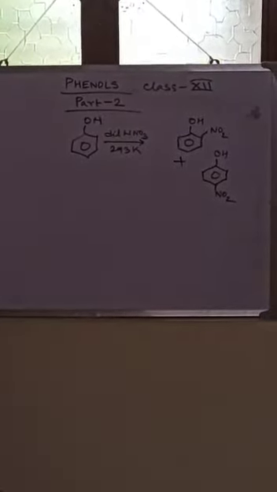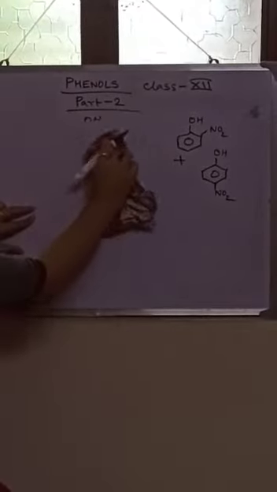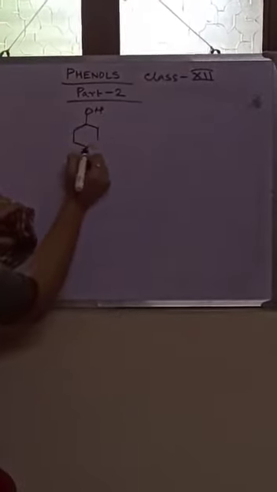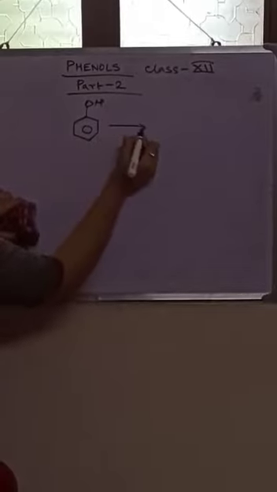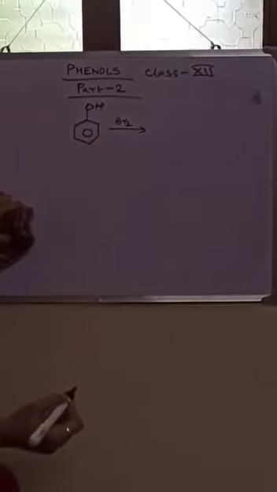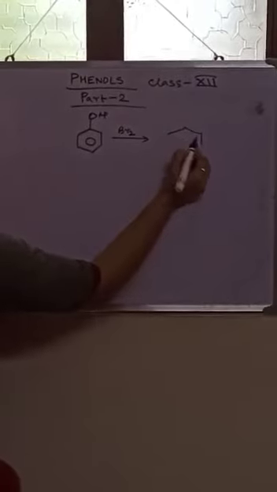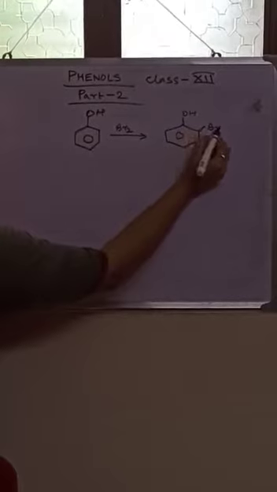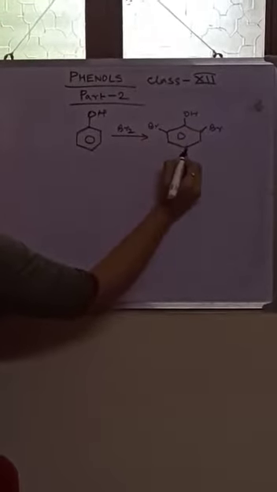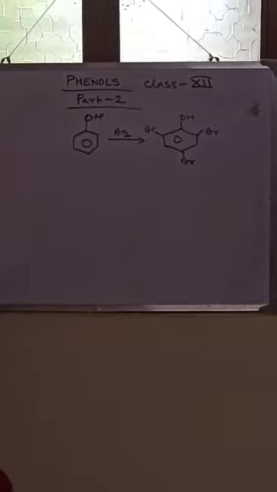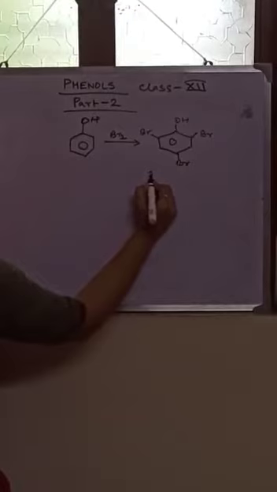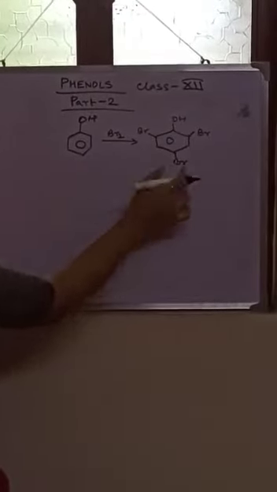Okay, the next reaction is halogenation. When phenol is treated with bromine water, we will get the tri-substituted product, which is 2,4,6-tribromophenol.